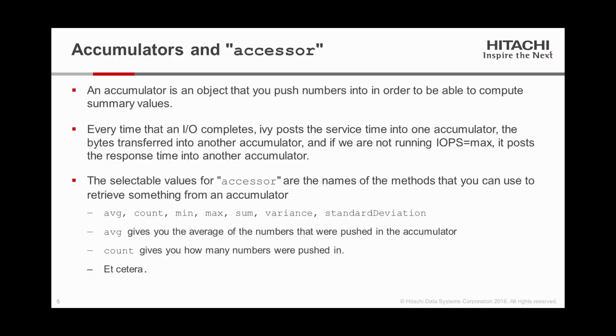An accumulator is something that you push numbers into in order to be able to compute summary values. We use this mechanism to record the service times of individual IOs. Every time an IO completes, IV posts that service time into one of a row of buckets of accumulators for service time.